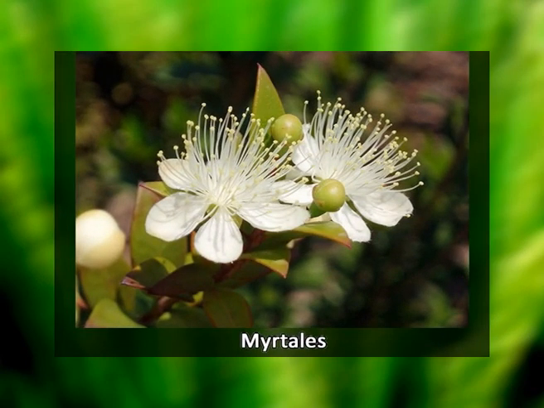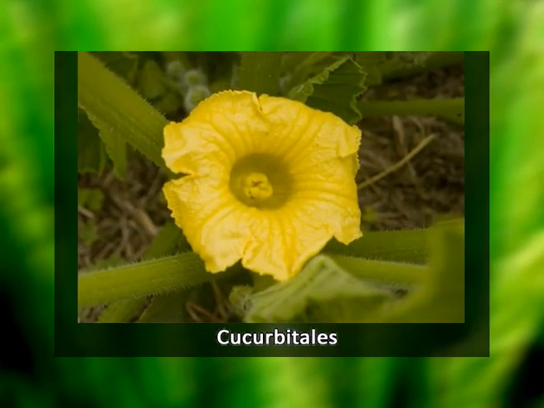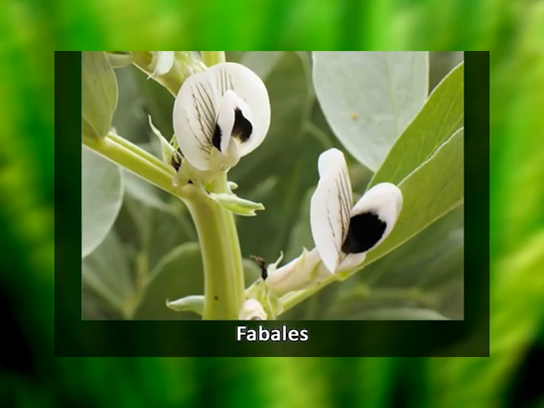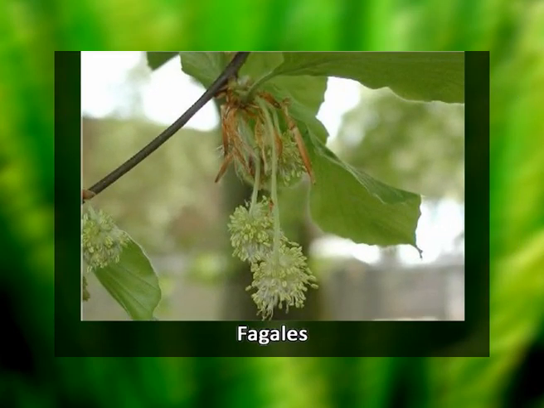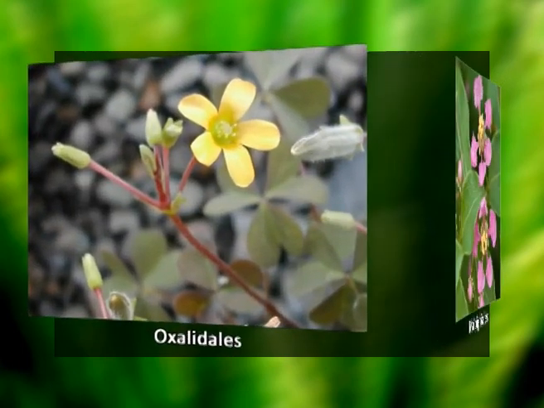Then we have Myrtales. Myrtales is the same order wherein we have the eucalyptus-like trees. Then followed by Cucurbitales. It is an order wherein we have some plant taxa which we use as common vegetables. Then followed by Fabales. Fabales is an order wherein we have the legumes. Followed by Fagales. This Fagales order is followed by Malpighiales, which is followed by Oxalidales.